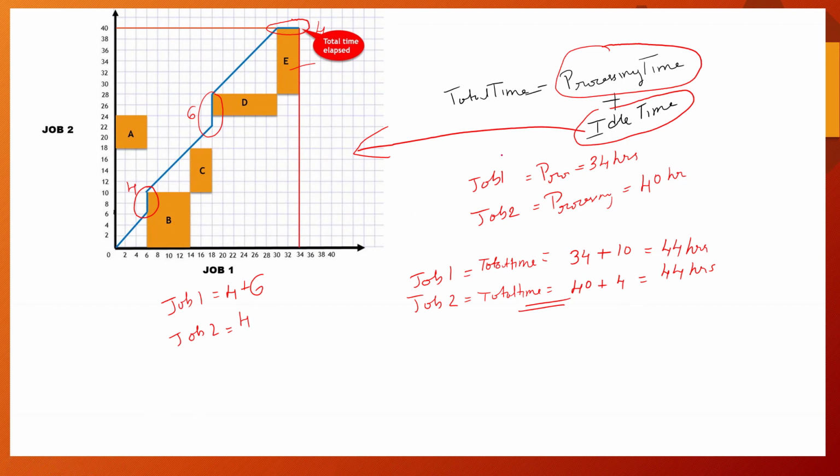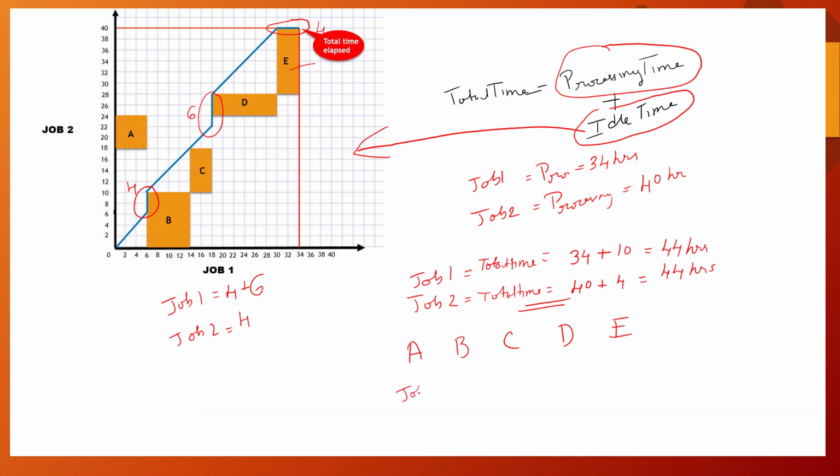Next we need to find on which machine which job comes first. Let us take machines A, B, C, D, E. A is above the line, so job 1 comes first.